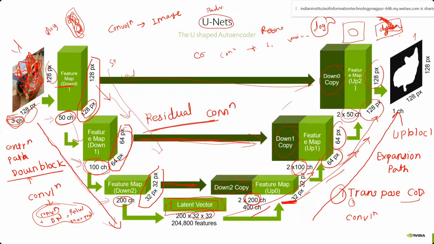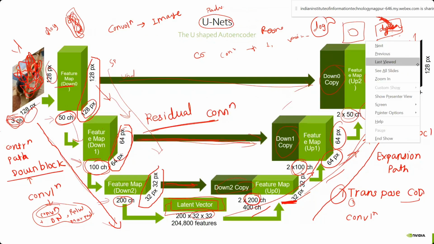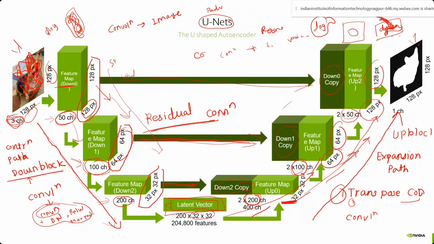Initially it was developed in the medical domain for segmentation tasks, but nowadays people are using UNet architecture for generative purposes. So the base for your diffusion model is a UNet architecture. Your DDPM architecture will be exactly similar to this.